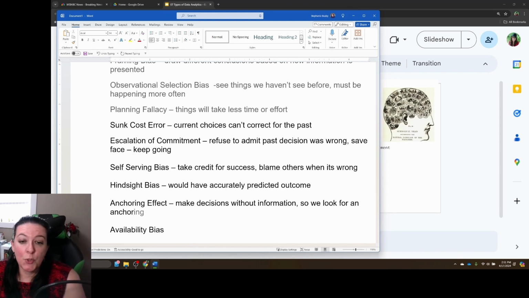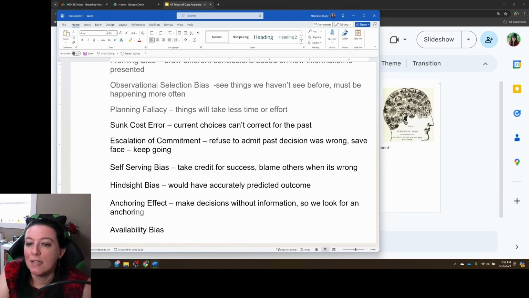Suppose you're trying to predict demand for your product, and it's a new product, you don't have it out yet, so you're looking for information when you don't really have any. So we're looking for anything that can serve as an anchor, whether or not it is actually relevant information that would help us.